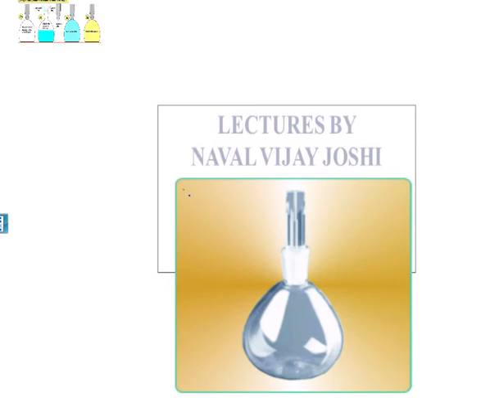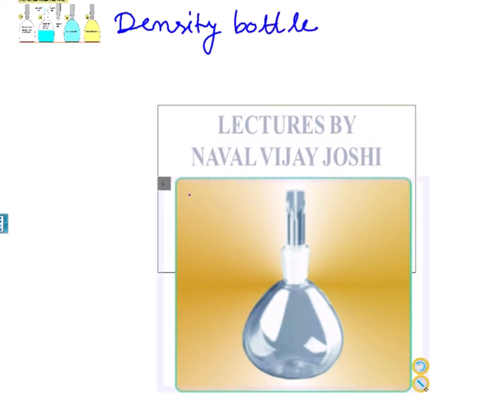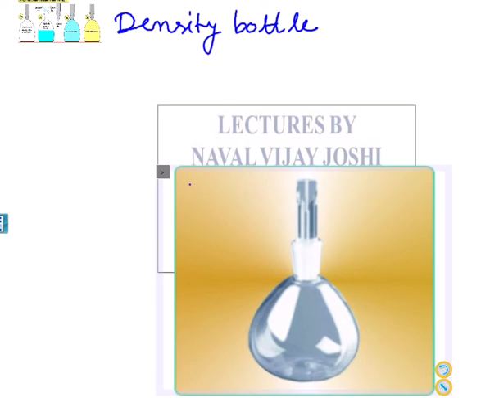This is the actual photograph of this density bottle. You can see this is a glass bottle. Above it there is a tight rubber butch, you can say, and within that there is a small capillary.